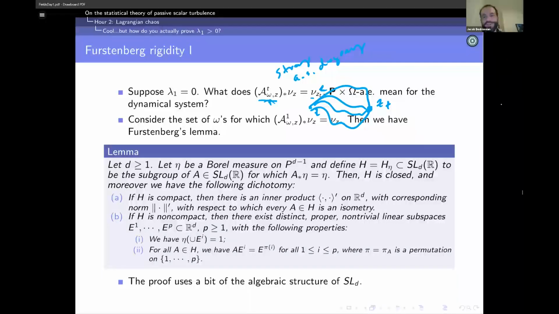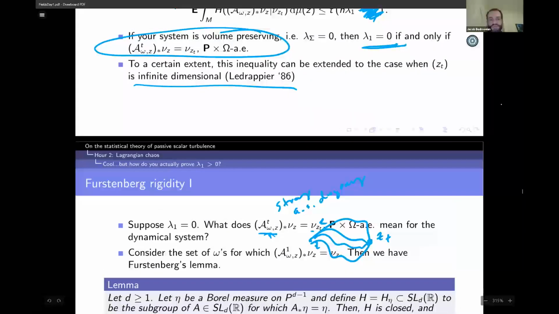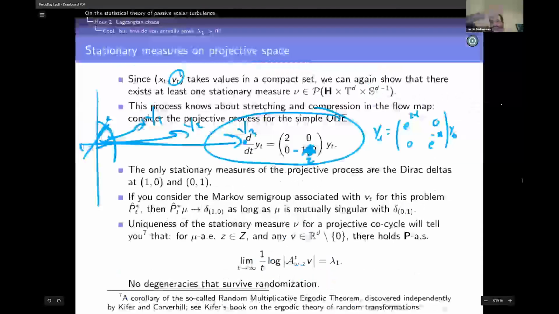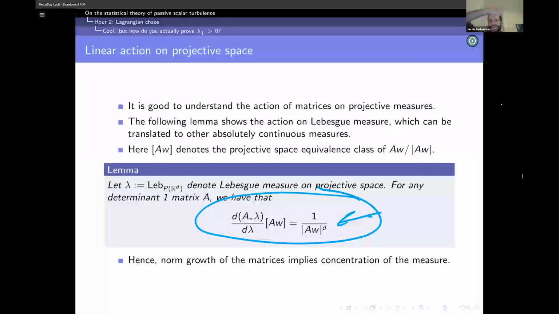This is a little hard to explain. Basically, if you're non-compact, you get matrices that are growing, and if you're growing, you need to be concentrating on sets because of this lemma. And if you're concentrating on sets, you're going to be preserving lower dimensional sets in projective space, so lines and planes and stuff like that.